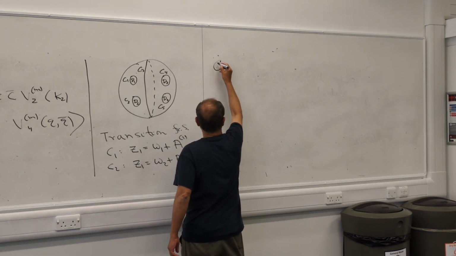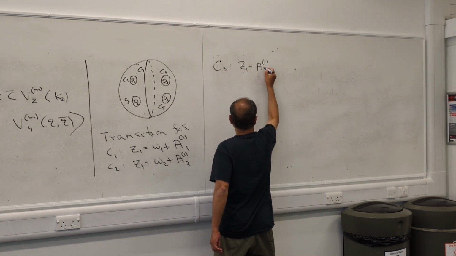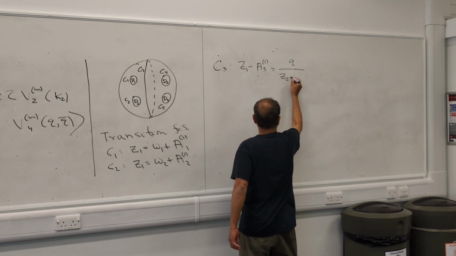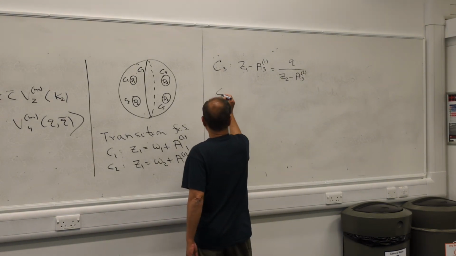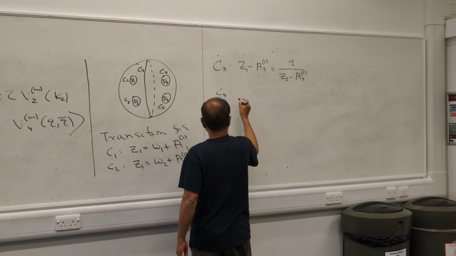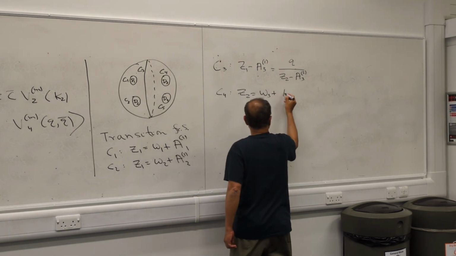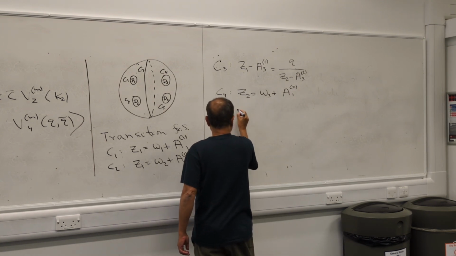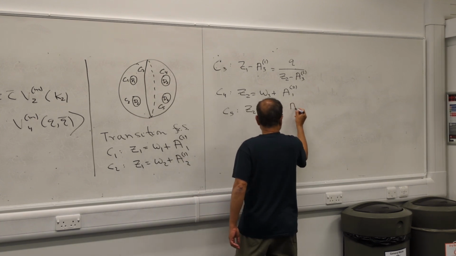On C3, we take Z1 minus A13 equal to Q over Z2 minus A23. C4, Z2 equal to W3 plus A21, and C5, Z2 equal to W4 plus A22.